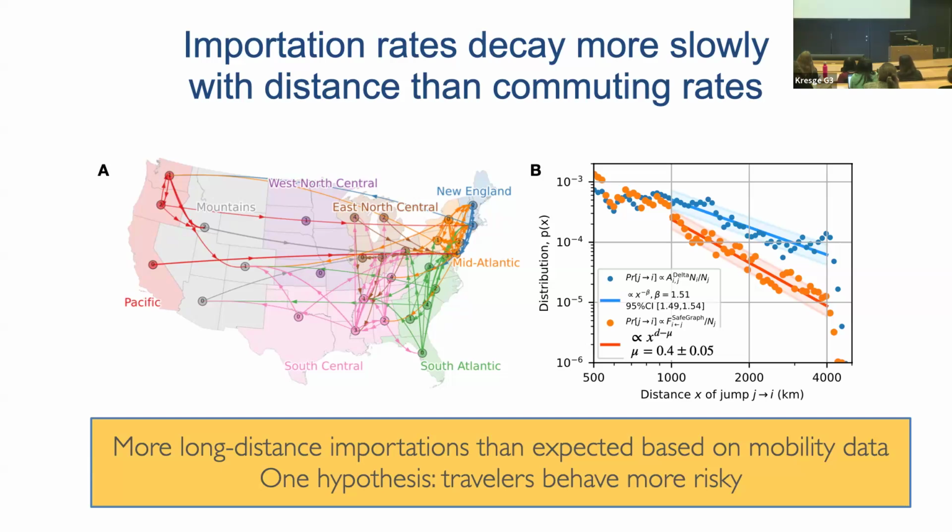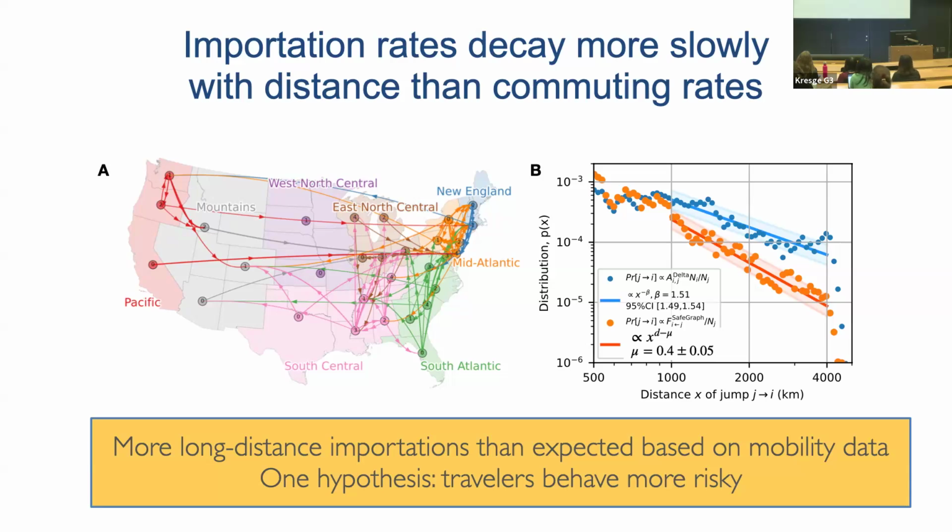would make sense to me is, well, let me remind you that these importation rates, they're really a combination of transport and behavior of people and immunity, lots of other things. But it's not just mobility. So you could imagine if you travel a long distance, then you probably have a lot to do locally and talk to people. So you could imagine long distance travelers behave in some sense more risky.